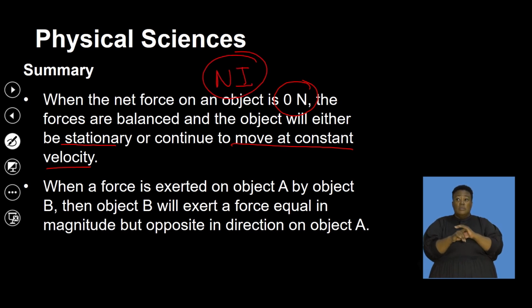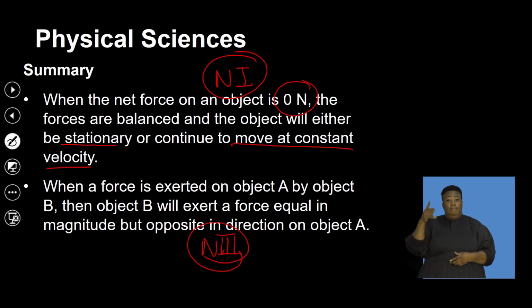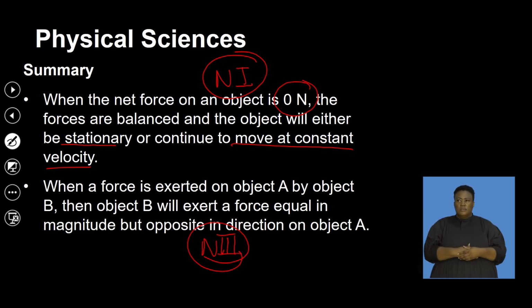When a force is exerted on object A by object B, then object B will exert a force equal in magnitude, but opposite in direction, on object A. That is Newton's third law. That's just another way of writing it. Two very, very important laws.